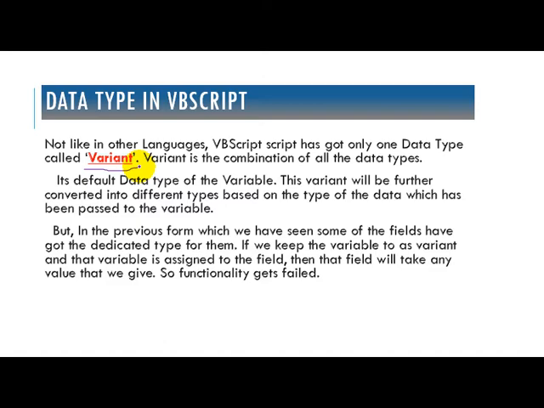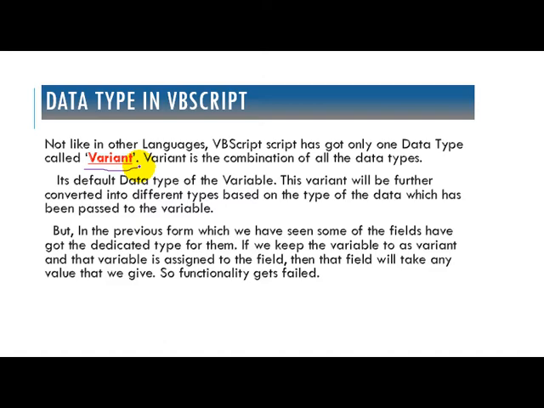Now, in the previous form we have certain fields, right? Say for example DOB: that field should be a date. But if I define that field as a variant, what happens? It allows any kind of value. But should it allow? No, it should not.